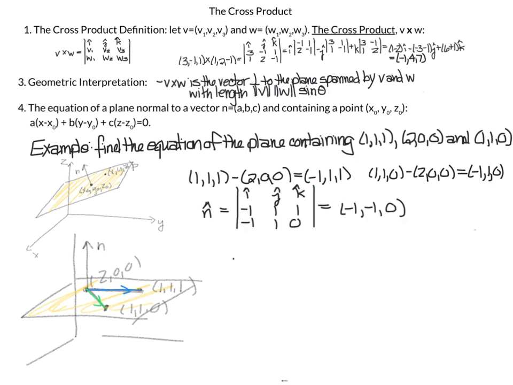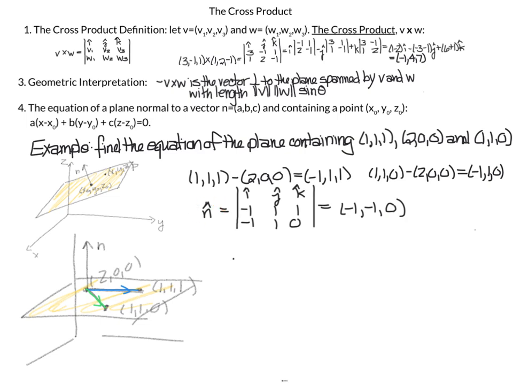Now that I have two lines on the plane, I can now go and figure out the vector normal to the plane by doing the cross product. So I'm going to have the vector normal as the cross product of negative 1, 1, 1 and negative 1, 1, 0. Again, I have two vectors on the plane. The normal now is going to be the vector that is the cross product of the two. So I'll do the cross product, which I'll let you do the calculations and verify that it's negative 1, negative 1, 0.